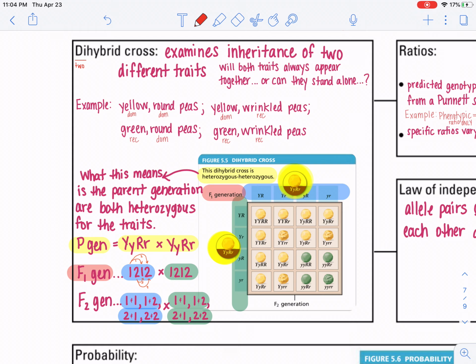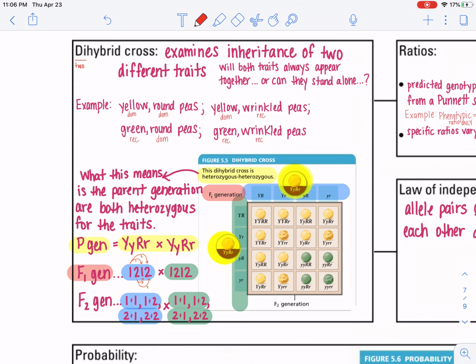So we're going to talk about two different letters, both uppercase and lowercase. In turn, we're going to have four different options. Uppercase 1, lowercase 1, uppercase 2, lowercase 2. So again, a dihybrid, it's going to show you either both of the traits appearing together or one of the traits appearing and the other one kind of being a carrier, kind of hidden.